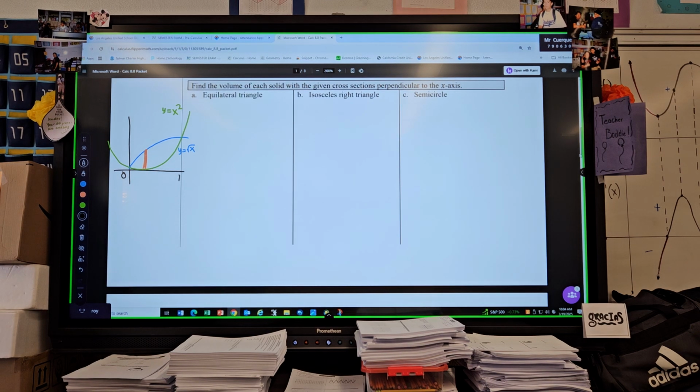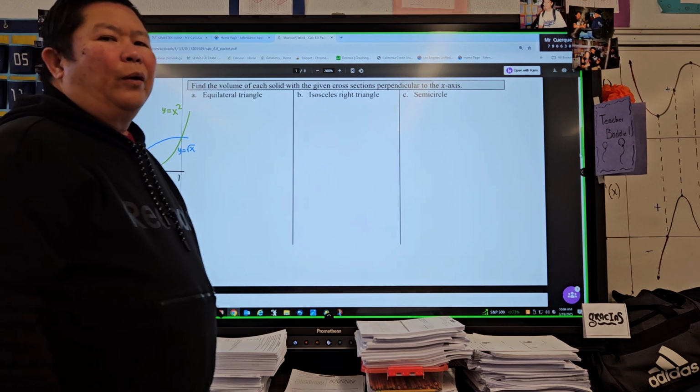Question: find the volume of each solid with the given cross-section perpendicular to the x-axis. How do we write the integral here? Would anyone tell me for letter A, equilateral triangle? Please look at the formula from a while ago.